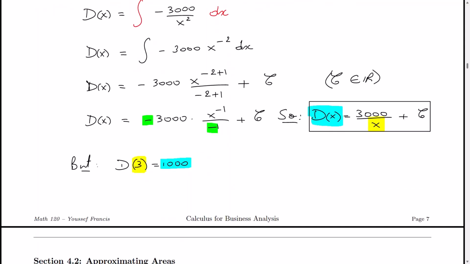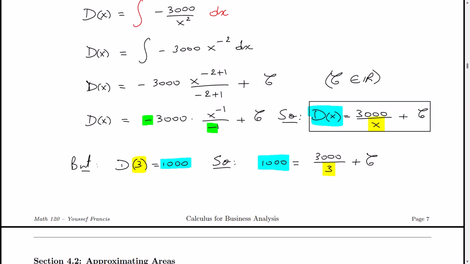So in other terms, I can say that 1,000 is equal to 3,000 divided by x, which is 3, plus the constant of integration C. So remember, x is the 3, and the result, the demand, is going to be 1,000.